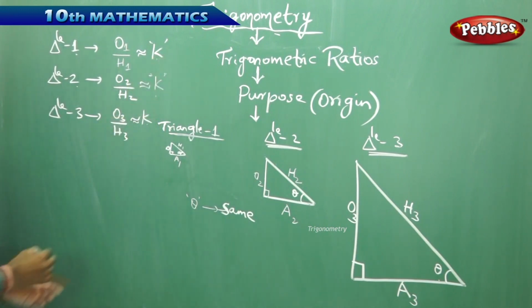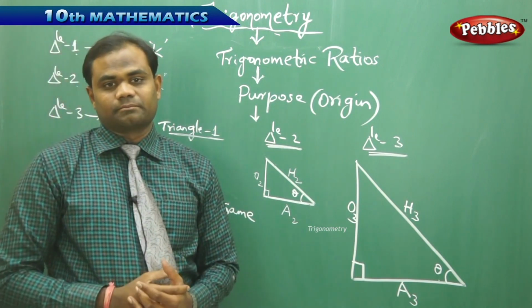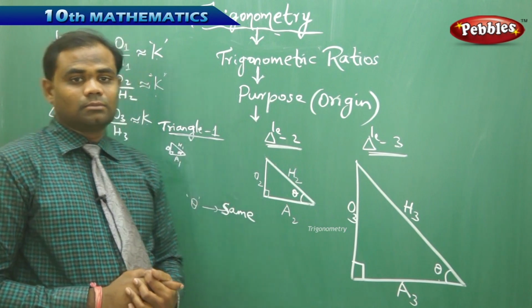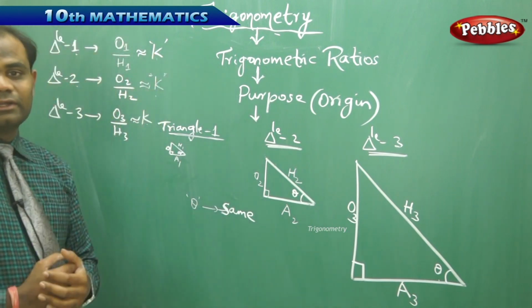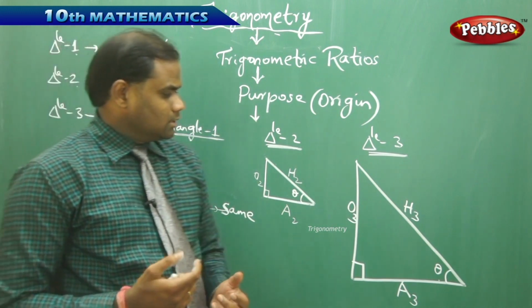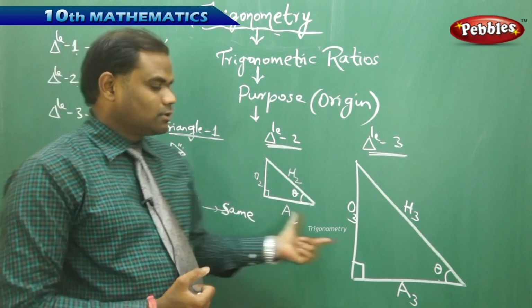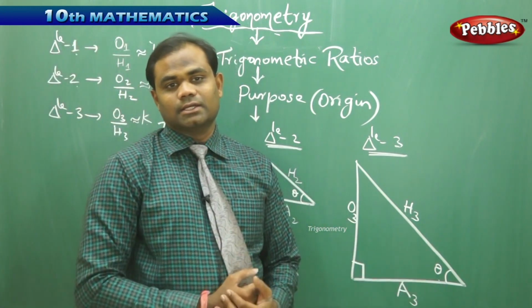That means each of the triangles had a k which was approximately the same, but not exactly equal, with minute error in the value of k. Therefore, this made mathematicians understand a common factor between the triangles where one of the angles is the same.